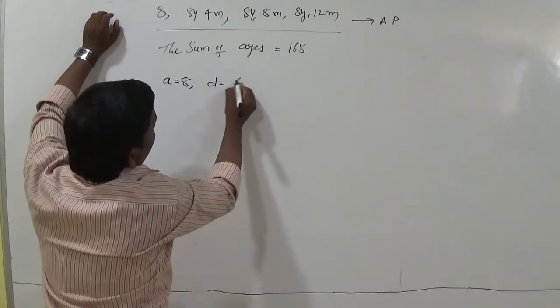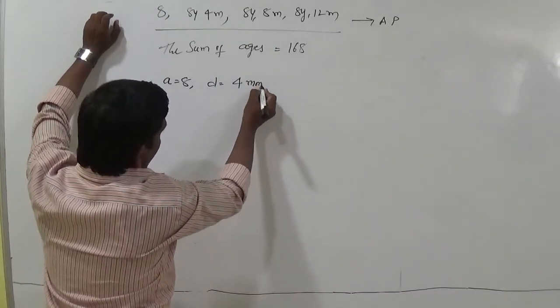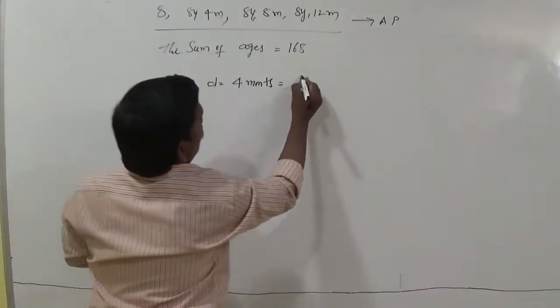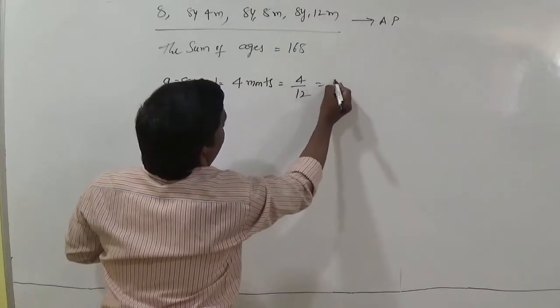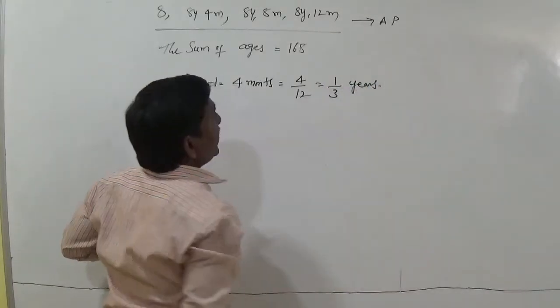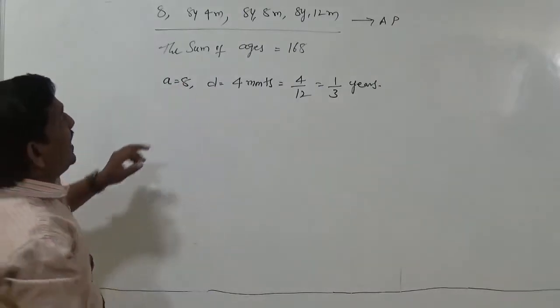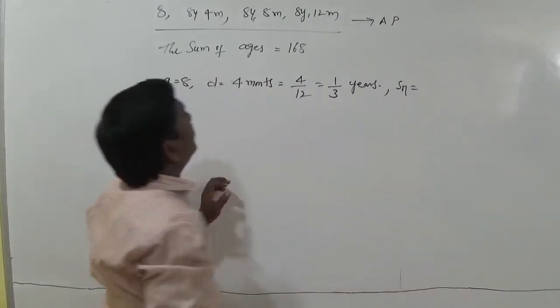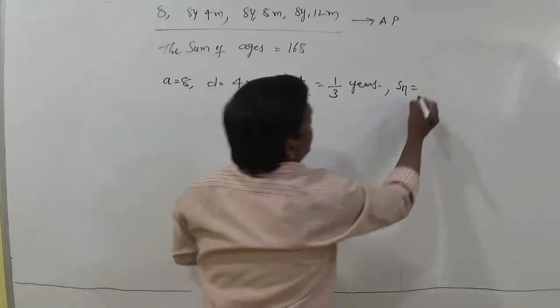Common difference D equal to 4 months. Months changed into years, 4 by 12, that means 1 by 3 years. And Sn is also given. Sn, what is the value? The sum of the ages, 168.